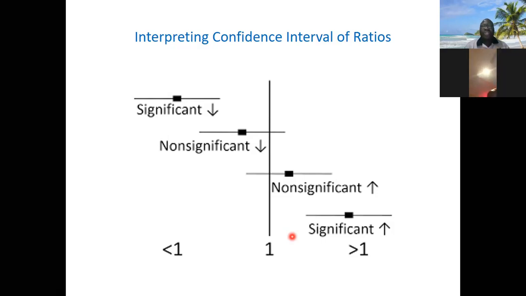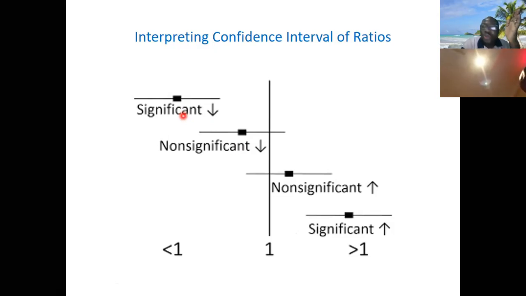But if it does not cross, like for this one, if the odds ratio or relative risk is less than 1 and the confidence interval is also 0 point something to 0 point something, it has not reached 1. It means it's significant, and that particular exposure is preventing the disease.